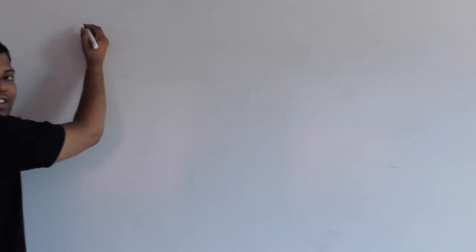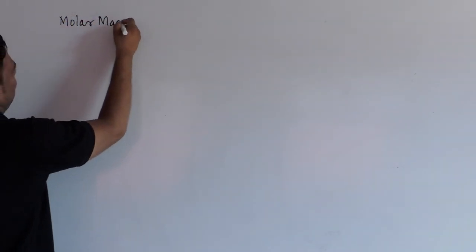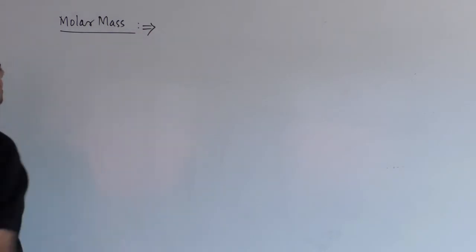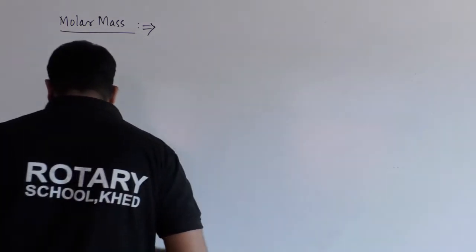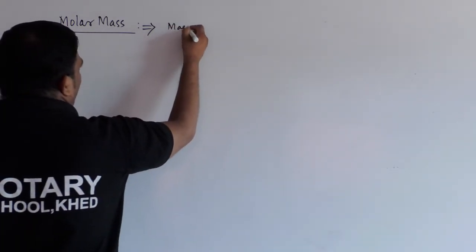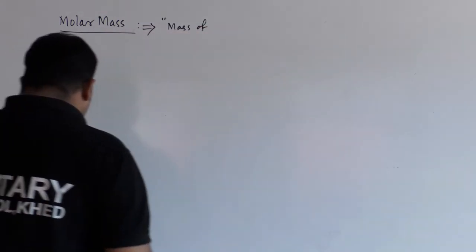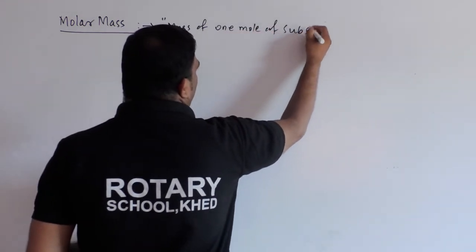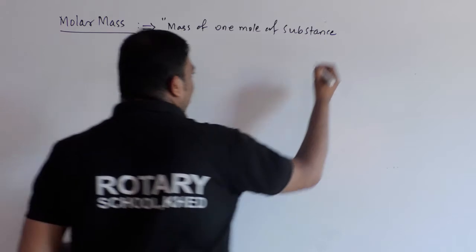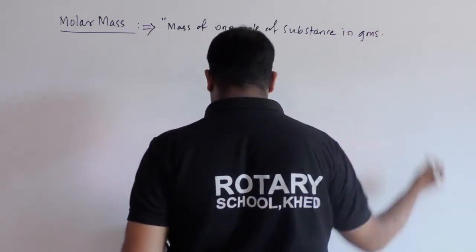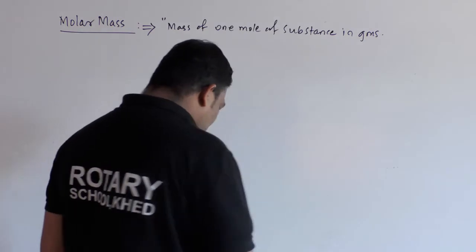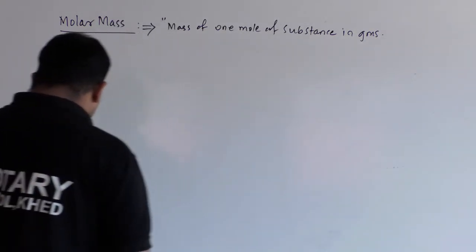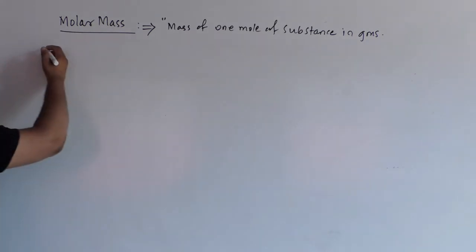Molar mass. So first we will write a definition. It is the mass of 1 mole of a substance in grams. Now suppose we have to calculate the molar mass of an oxygen atom. Suppose what do we have to calculate here?